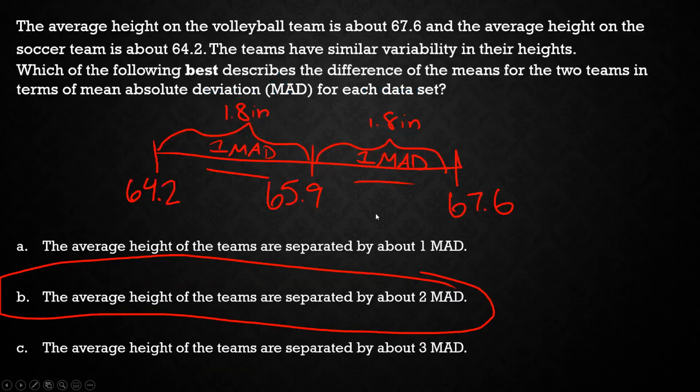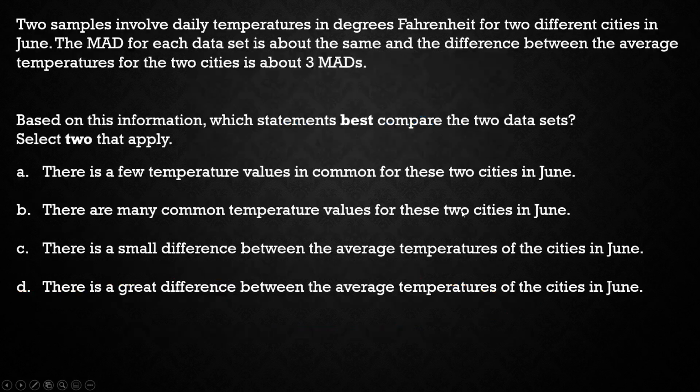Okay, so think about this problem here, where these two numbers were fairly similar, right, and they were 2 mean absolute deviations apart. If I added another mean absolute deviation to make it 3, those two averages would be even further apart, right? So when we're reading through these answer choices, we want to keep that in mind.